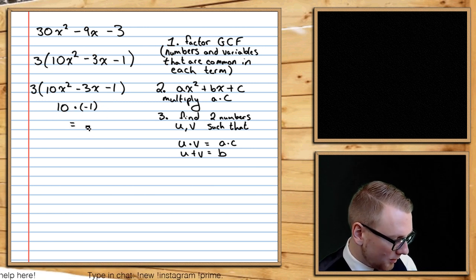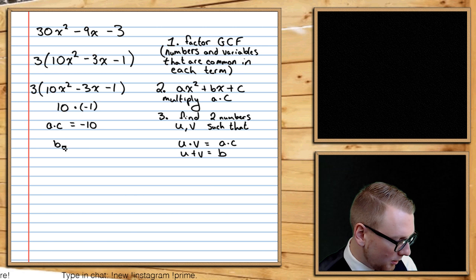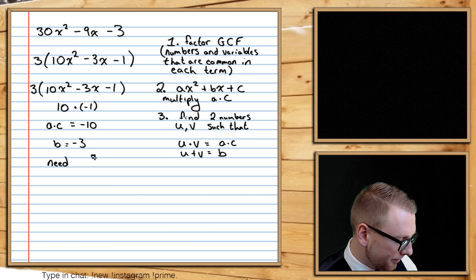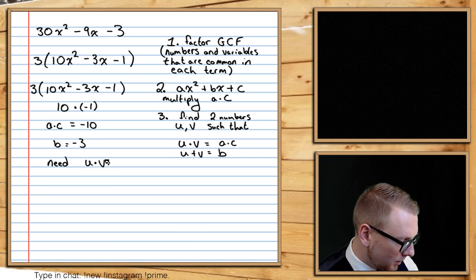So we have minus 10, and b is negative 3, so we need u times v equals minus 10 and u plus v equals negative 3.